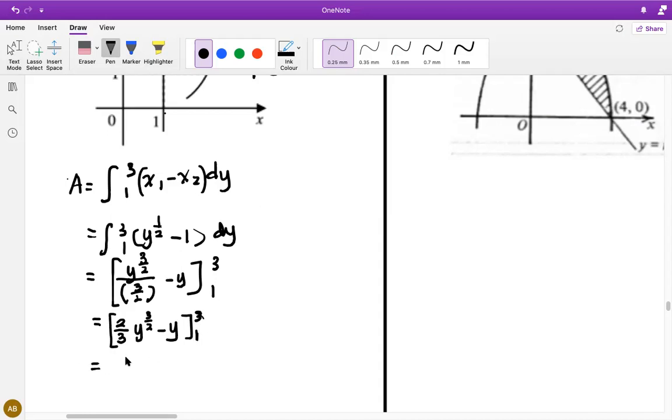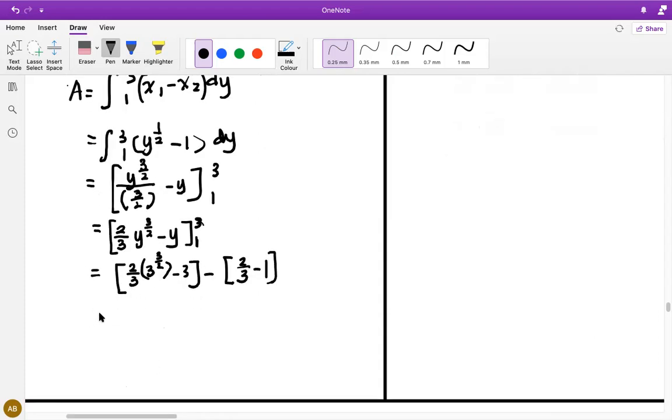So you substitute the value in. So 2 over 3 times (3 to the power 3 over 2 minus 3), minus 2 over 3 times (1 minus 1). You should be able to get your answer.